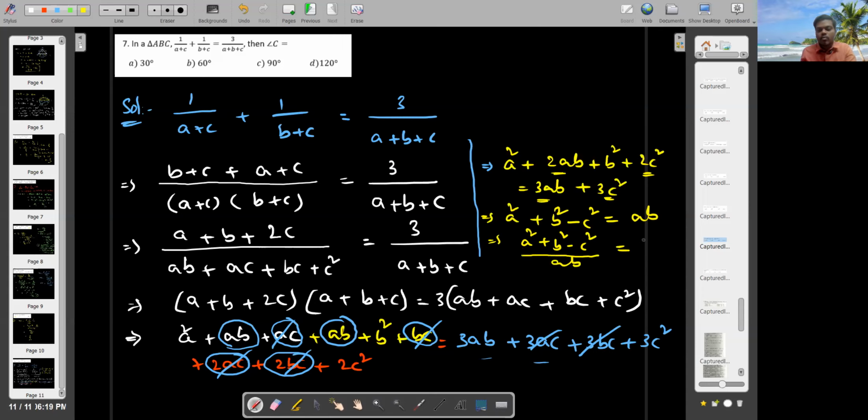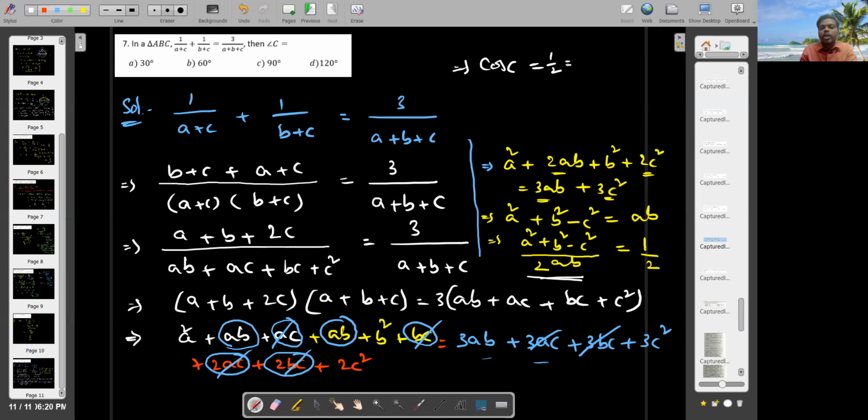So ab equal to 1. But we know the cosine rule is a square plus b square minus c square by 2ab is cos C. So multiply both sides by 1 by 2. This is 1 by 2. Then this whole value we can write it as cos C. So cos C equal to 1 by 2.